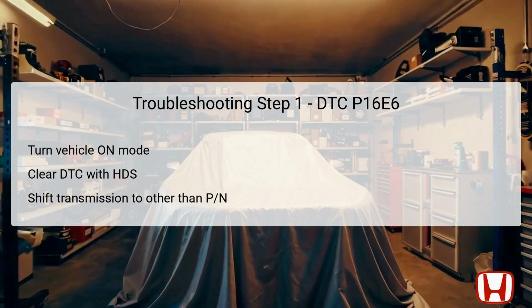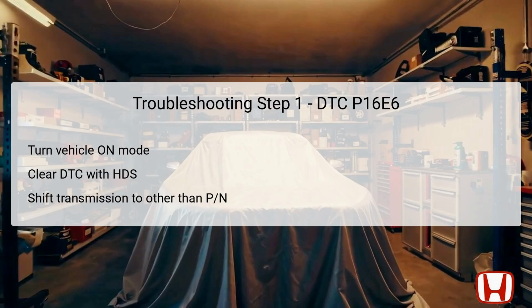To begin troubleshooting the P16E6 error code, the first step is to ensure that the vehicle is in the on mode. Once the vehicle is turned on, it's essential to use the Honda Diagnostics System, HDS, to clear any existing DTCs from the system. This step refreshes the vehicle's diagnostic data, allowing technicians to start with a clear slate.